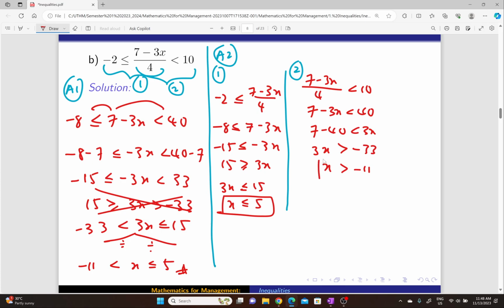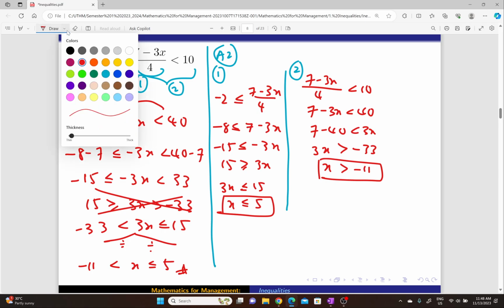Negative 11, there's another one. So now what you do, you intersect, you don't draw the number line.